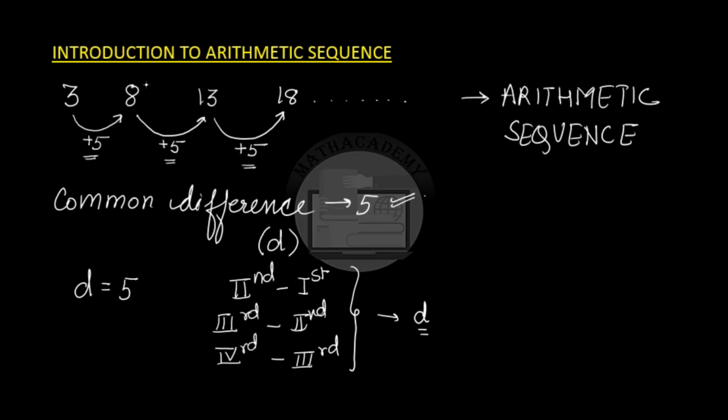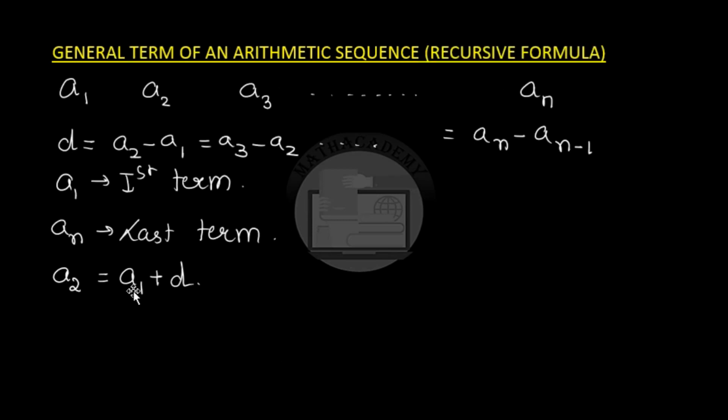To obtain 8, which is the second term, we have added a 5. To obtain 13, we have added the common difference to the second term. Similarly, to obtain the third term, you have to add the common difference to the second term.